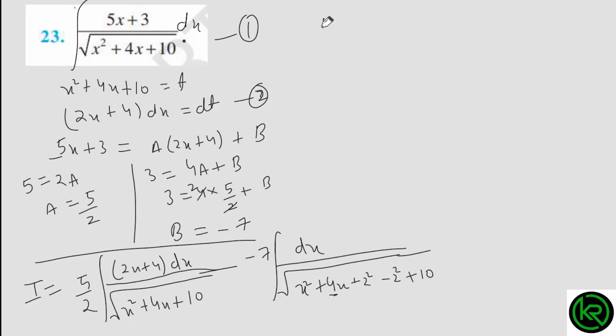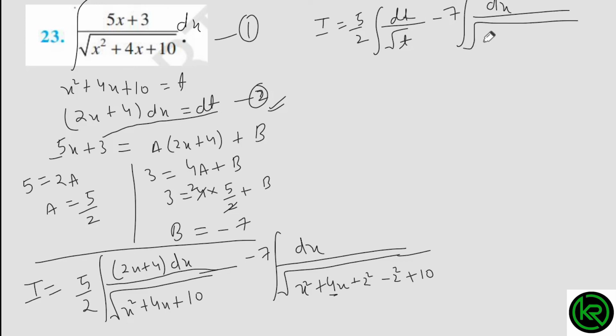So finally, by using the second equation, 2x plus 4 dx is equal to dt. So 5 by 2 times dt upon under root t, minus 7, and in the denominator we are getting the complete square, that is x plus 2 whole square, and 10 minus 4 will be 6, so we are getting plus root 6 whole square.